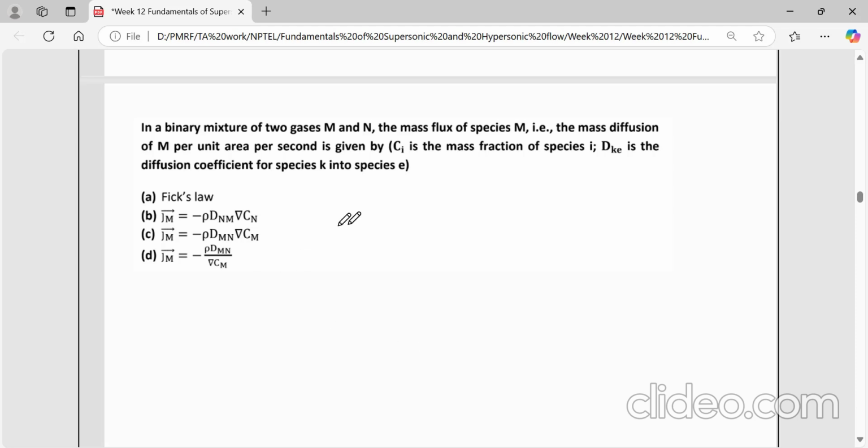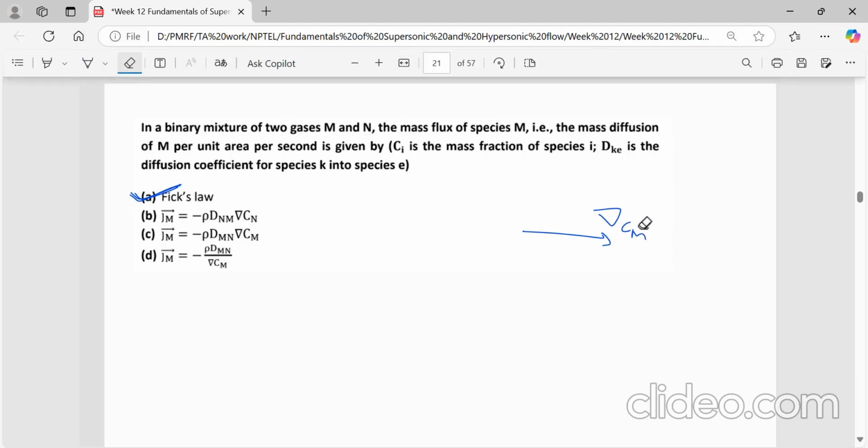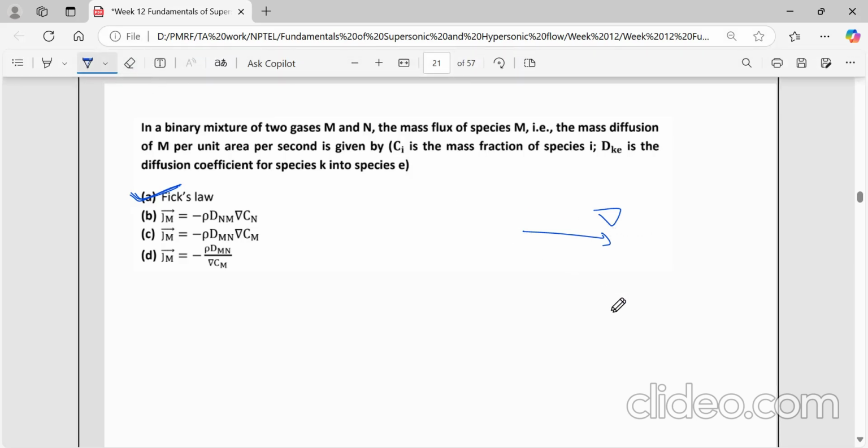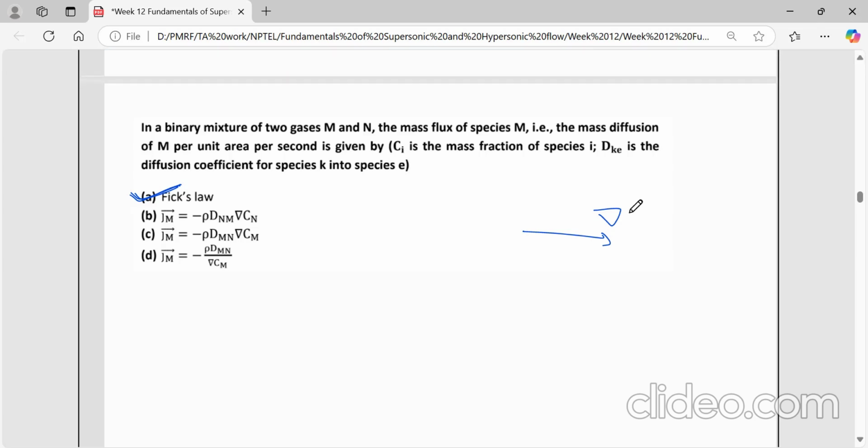So we already know that mass diffusion is given by Fick's law, so that option is correct. And one thing to note: if we are finding the mass diffusion of species M, then we have to consider the change in gradient of mass fraction of species M only. So if, let's say, the gradient of mass fraction is in this direction, then diffusion will happen in the opposite direction.